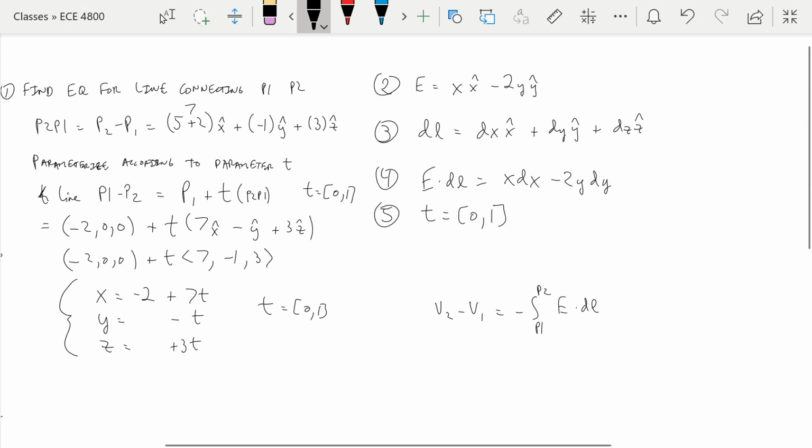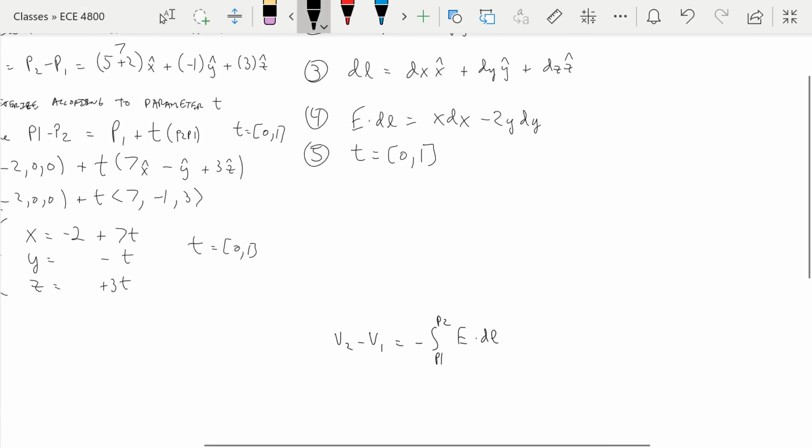Because of that, now we have to put everything in terms of t. So we take our E dot dl and put it in terms of t. E dot dl equals x dx minus 2y dy.